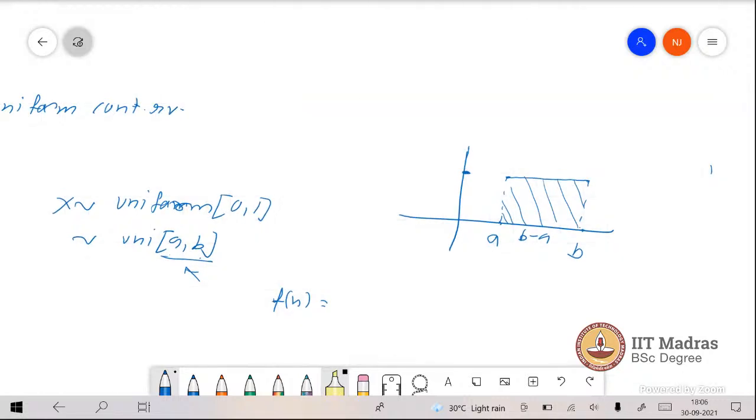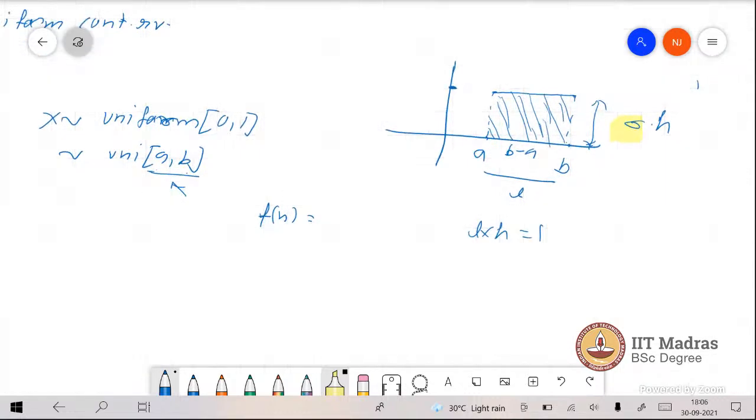To make the area 1, what will this height be? What is the area of this region? It is the length L times the height h, so L times h should be 1.